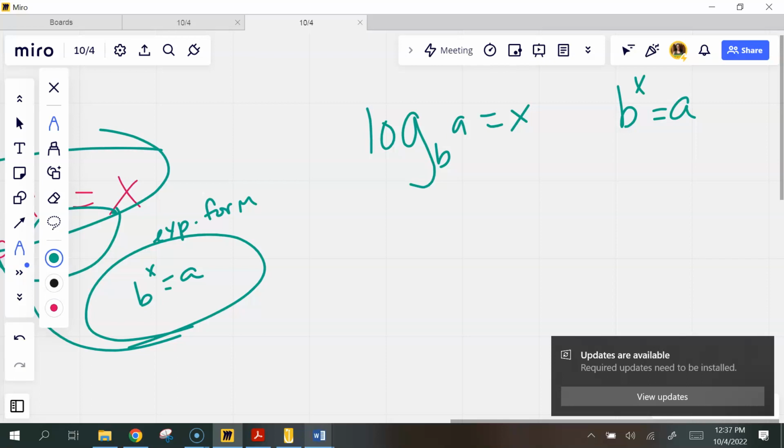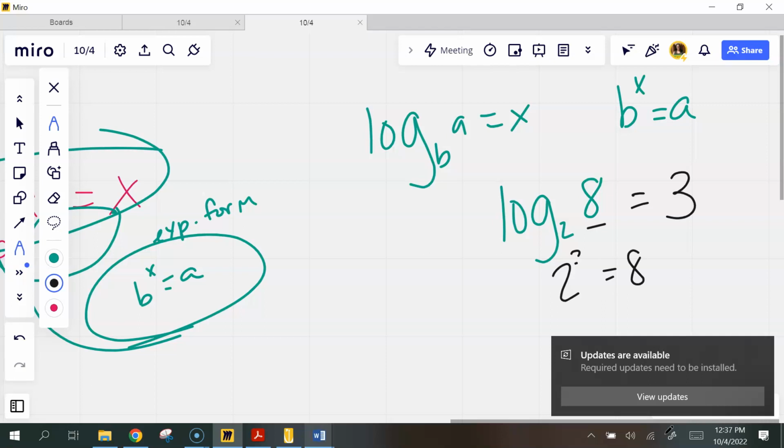So if I said evaluate this, why does it equal 3, Lucy? You're asking yourself, what power would I have to raise 2 to in order to get 8? That would be 3.